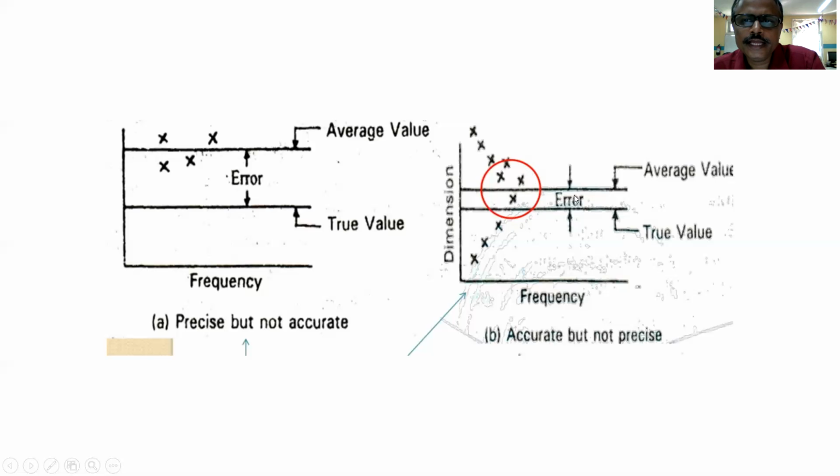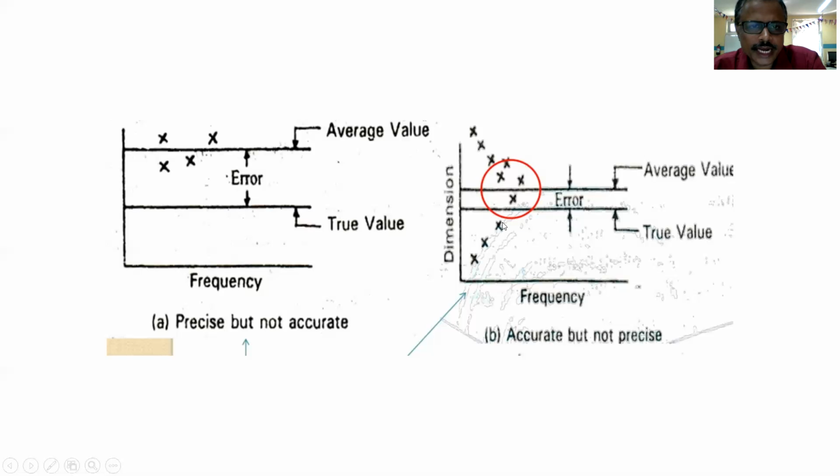So we can say the gap between the average and the true value has closed, hence the instrument is accurate. Whereas it is not giving the same reading again and again when the experiment is repeated. Therefore, it is not precise.